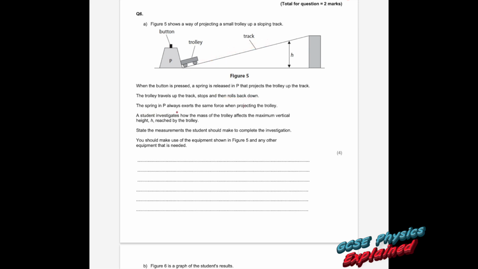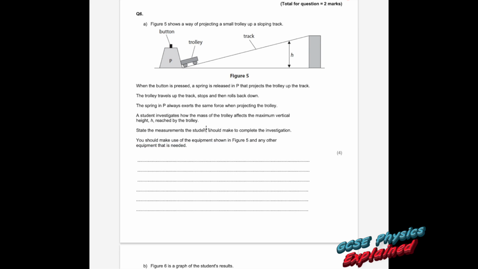The spring in P always exerts the same force when projecting the trolley. The student investigates how the mass of the trolley affects the maximum vertical height h reached by the trolley. State the measurements the student should make to complete the investigation. You should make use of the equipment shown in figure 5 and any other equipment that's needed.